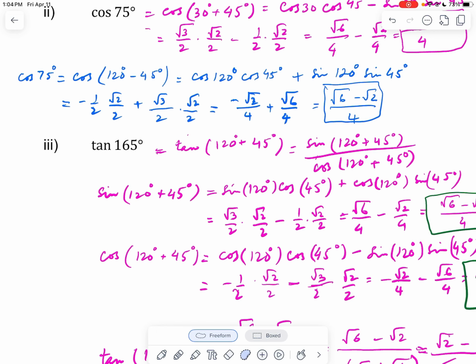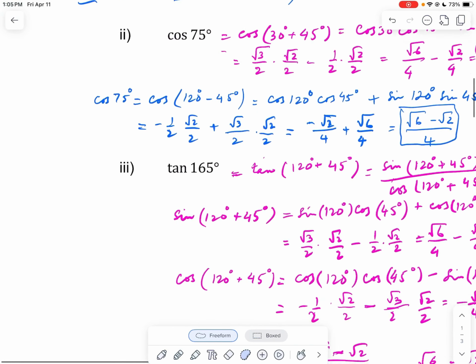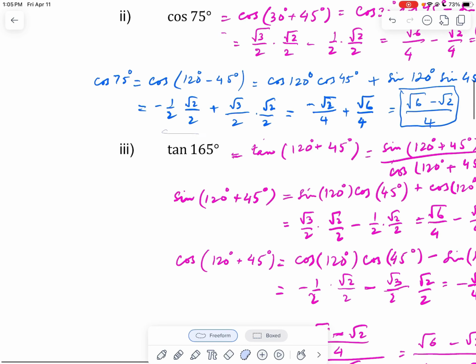Cosine of 120 will be equal to negative cosine of 60. Cosine of 60 is 1/2. So we are getting negative 1/2 for cosine of 120. Cosine of 45 is square root of 2 over 2. So we get the first term.